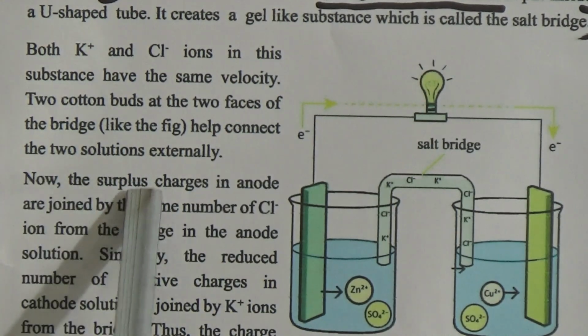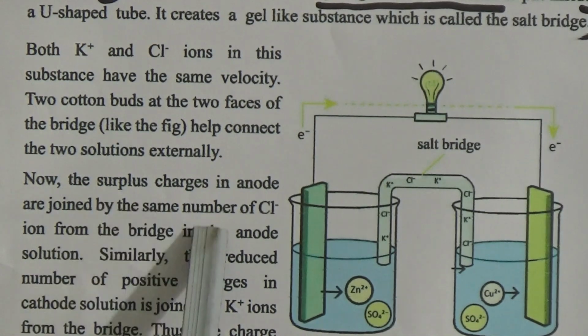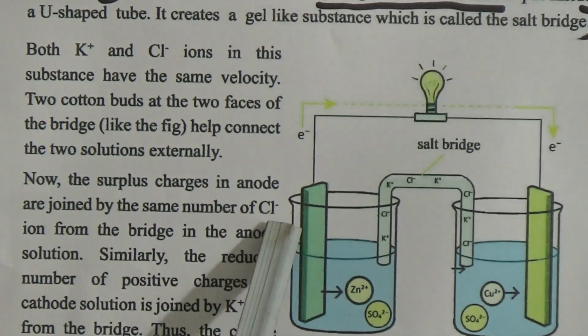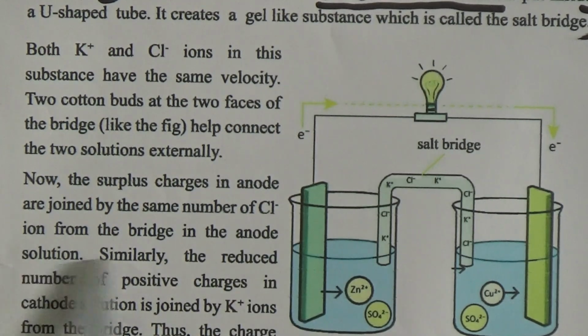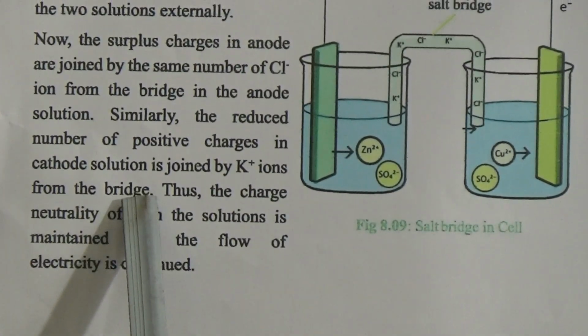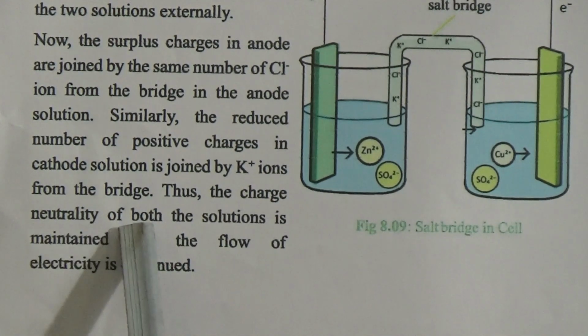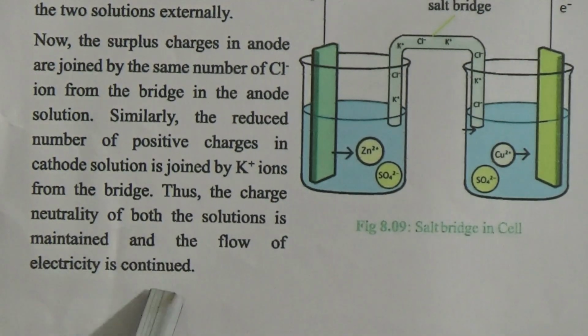Now, the surplus positive charge in the anode is balanced by the same number of chloride ions from the bridge into the anode solution, and similarly the reduced number of positive charges in the cathode solution is balanced by potassium ions from the bridge. Thus, the charge neutrality of both solutions is maintained and the flow of electricity is continued.